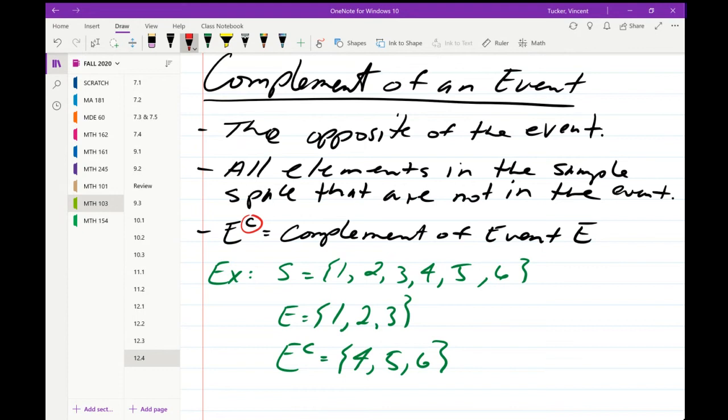So just a mini example, if I have the sample space of 1, 2, 3, 4, 5, 6, and my event is 1, 2, 3, that means the complement of my event would be 4, 5, and 6. So all the elements in the sample space that are not in the event would be the complement of your event.